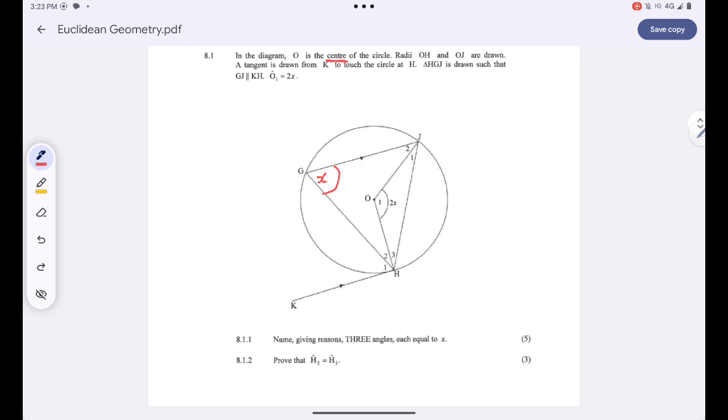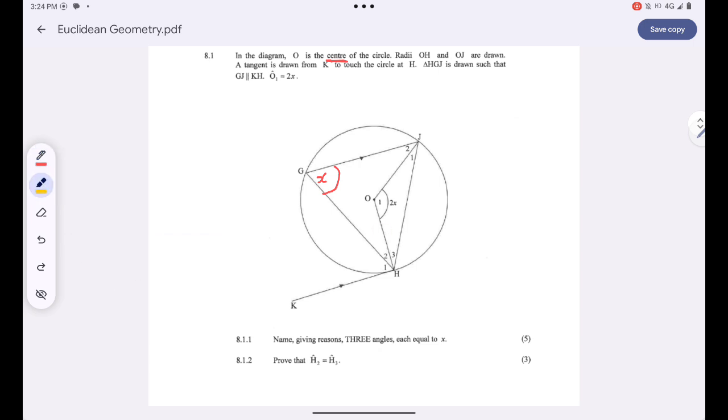We have a tangent, guys. Now we have a tangent, and we have spoken about the tangent and the center. That means we must look for the relationship between a tangent and the radius, or tangent and the diameter. I know that tangent and diameter or tangent and radius are always perpendicular to one another.